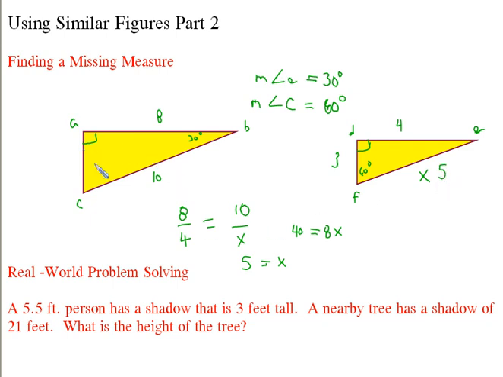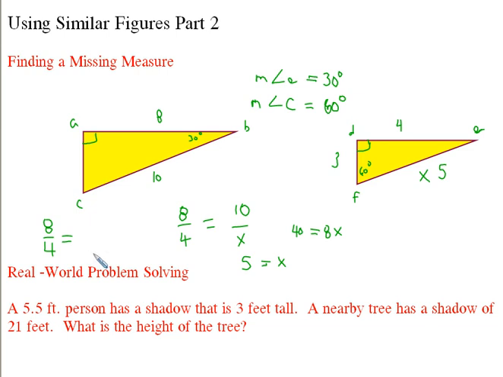And then the same thing should hold true, that this is double the size of that. So I might just be able to figure that out in my head that this is going to be 6, but just to test it, we'll set it up again, 8 over 4, because that's the two sides that I know match up, that I have measures for sure.